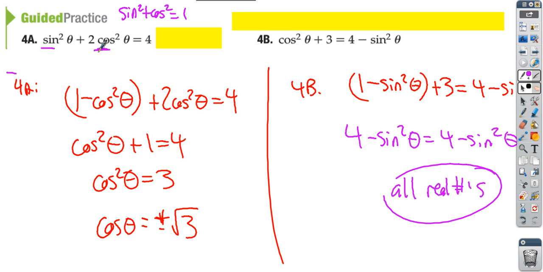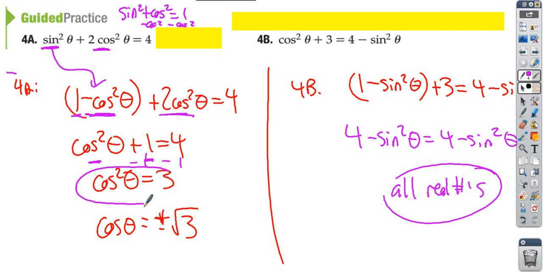Since we have 2 cosine squared, we changed sine squared into this. If we subtract cos squared from both sides, we get sine squared equals 1 minus cosine squared. Then we combine the like terms: minus cosine squared plus 2 cosine squared gives us this. We still have this 1 right here. We subtract the 1 from both sides, and that gives us this equation here.